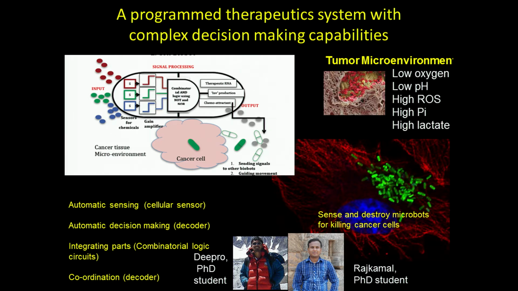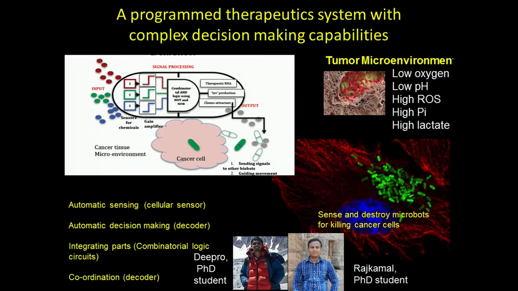What is uncultivated is the microenvironment, because it has a different kind of metabolite signature: low oxygen, pH, ROS, inorganic phosphates, lactate, which are different from the healthy environment. However, just by a single parameter you cannot differentiate cancer from non-cancer. For example, all cancer tumors are hypoxic, but that does not mean any hypoxic tissue is cancer. So there is a signature of chemicals, but there is no way to target those chemicals.